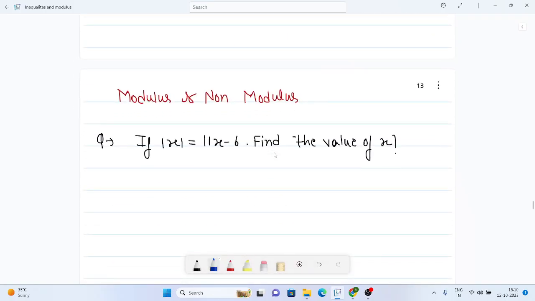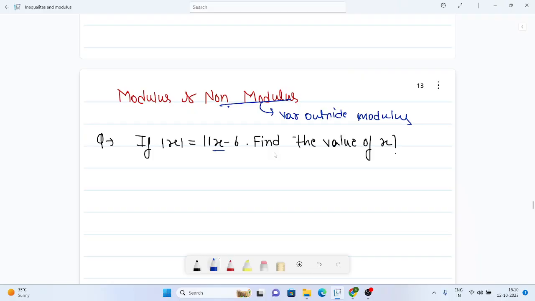Now the last type, the fourth type, modulus and non-modulus, I think it is 3, right? It means a variable outside the modulus. Here you see.